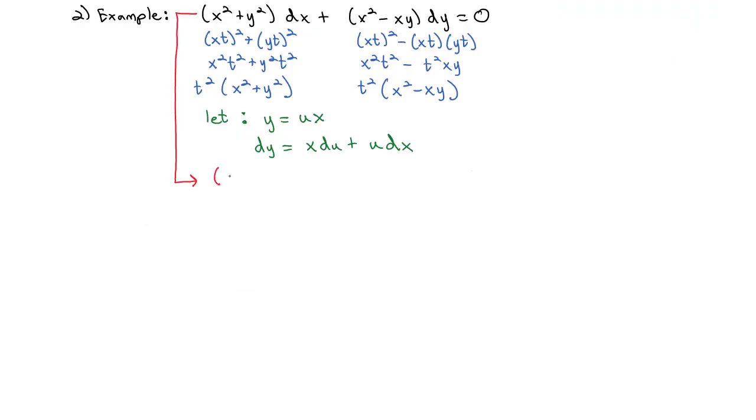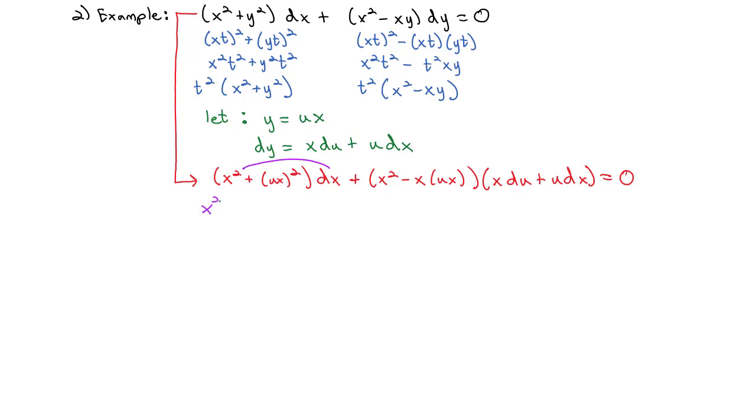Okay, so we have x squared plus y, which is ux, squared, dx, plus x squared minus xy, which is ux, dy, which now becomes x du plus u dx, and the whole thing equals 0. Now what we're going to do here is multiply this out as much as we can so we can separate the du's from the dx's. We'll do a little simplifying as we go.